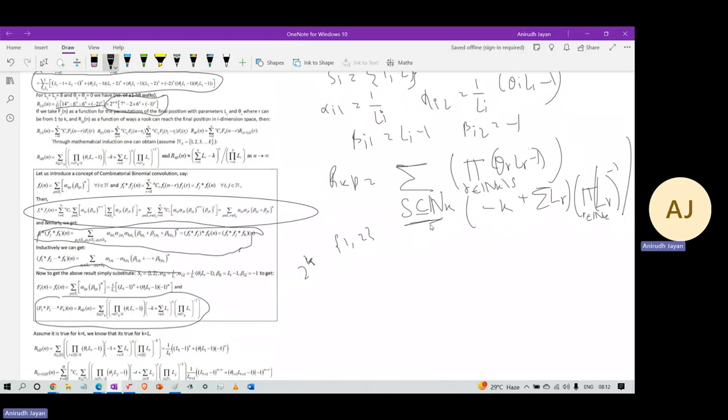That means S belongs to the power set of Nk, which is nothing but 2 power k. The number of such subsets is 2 power k. Nk is the set of numbers from 1 to k, so the number of subsets of elements from 1 to k is 2 power k. So there are 2 power k possibilities.